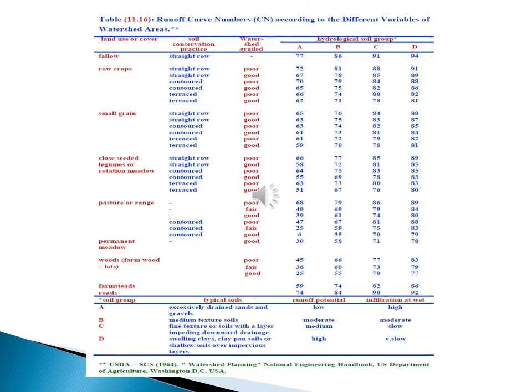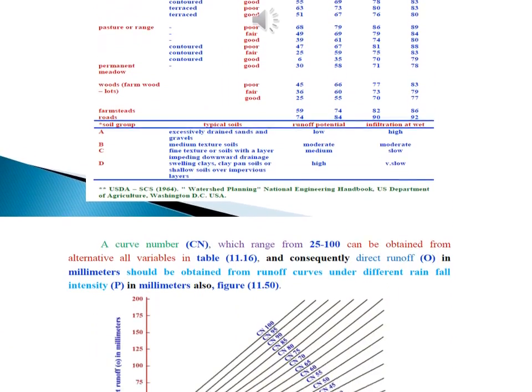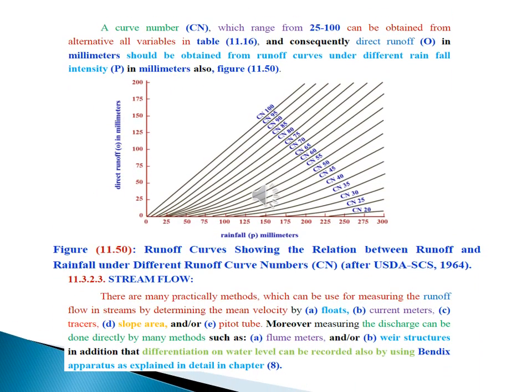Table showing runoff curve numbers according to the different variables of watershed area. Figure showing runoff curves, showing the relation between runoff and rainfall under different runoff curve numbers.